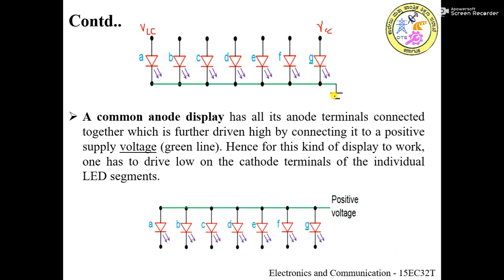Only the programmer has to connect the selective anode terminals of the LEDs to VCC, or in a logic system, to 1. Let's say I want to light up all LEDs, then we have to connect all the anode terminals of these LEDs to VCC or logic 1.